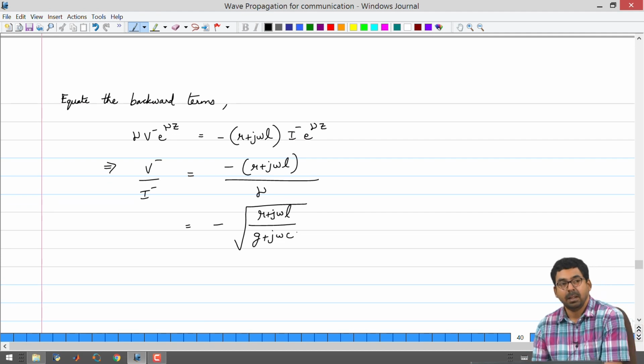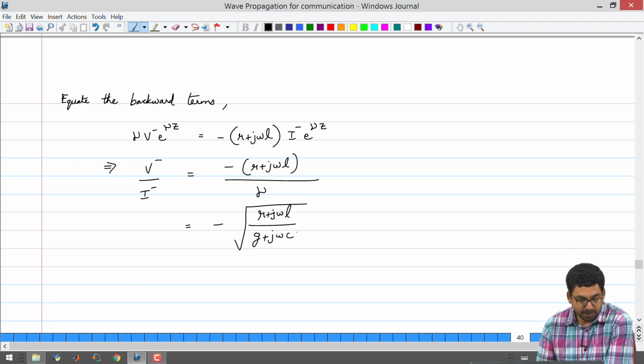Now, one has to realize that we have still found the characteristic impedance, but the negative term appears over there. It should not be mistaken for some active circuit which is providing a negative impedance of some kind. It just signifies that the energy is travelling backward.